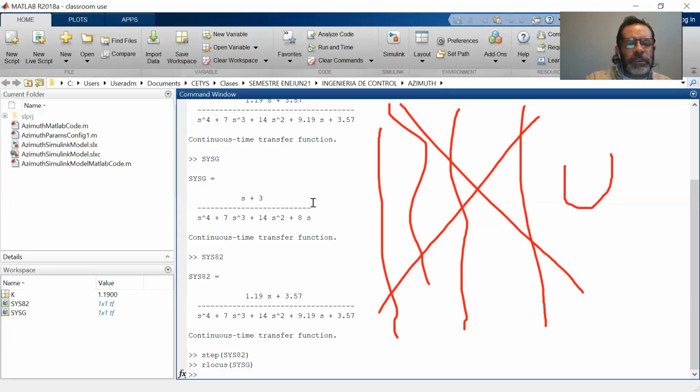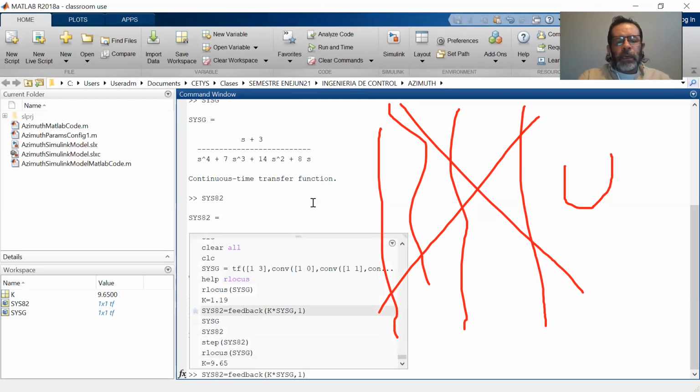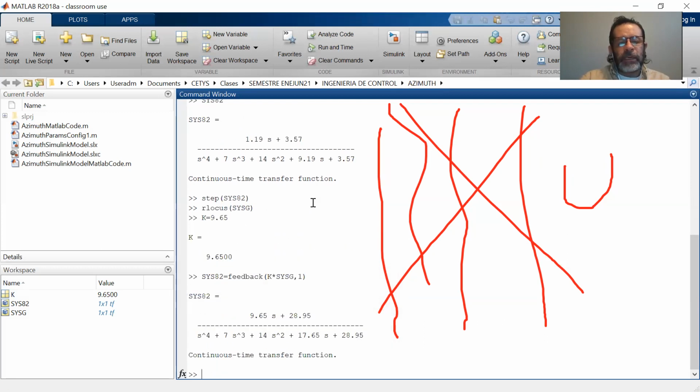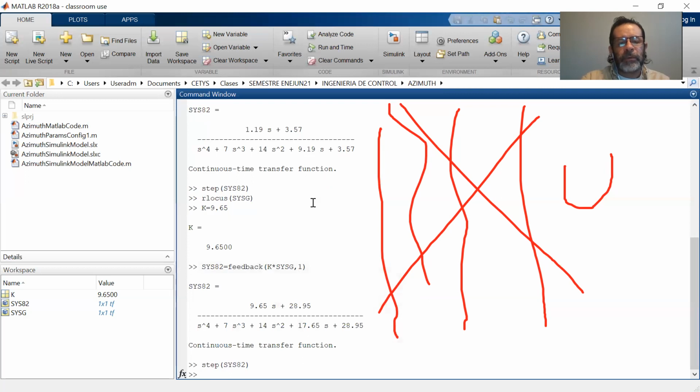So let's see what happens in the system if I say that K is equal to 9.65. We're going to do the feedback again, and let's do the step again.